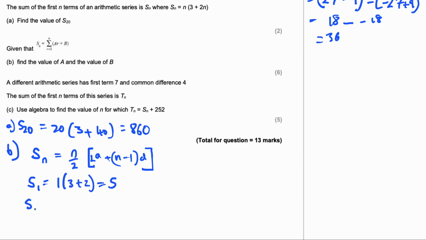And if we find the sum of the first two terms, it's going to be 2 times 3 plus 4, so that's 14. And the sum of the first 3 terms will be 3 times 3 plus 6, that's 9, so that's 3 times 9, which is 27.